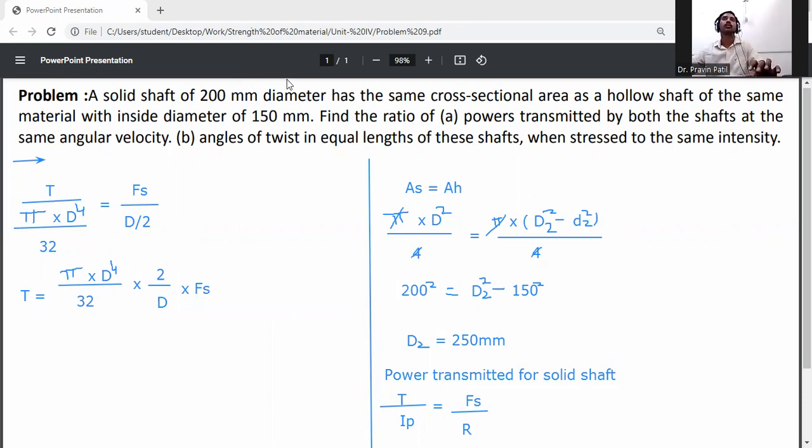So 2 ones are 2, 16 2s are 32. This d cancels, we get d cube.